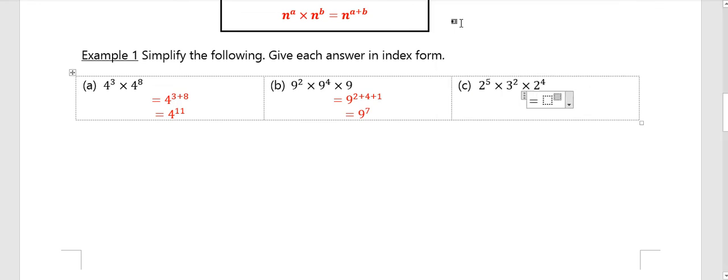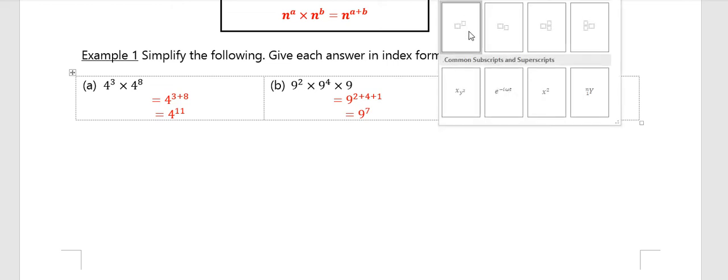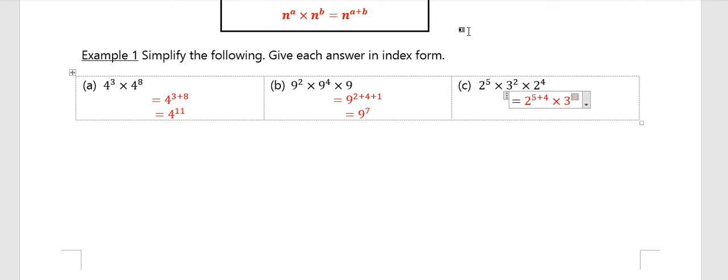So 2 power 5 plus 4, because the bases are common, and then you multiply it with 3 squared. So that's not involved at all.